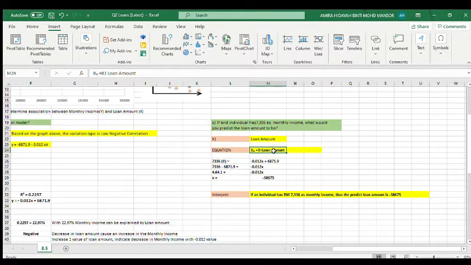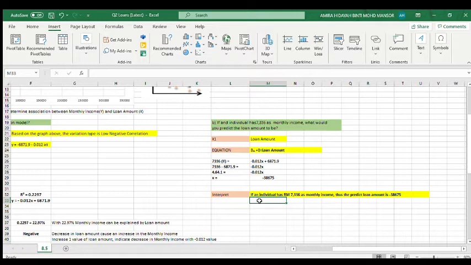This is loan amount. So we put here the value, and after we put this value, we must find x, which is we do this. Alright, after that, we interpret.